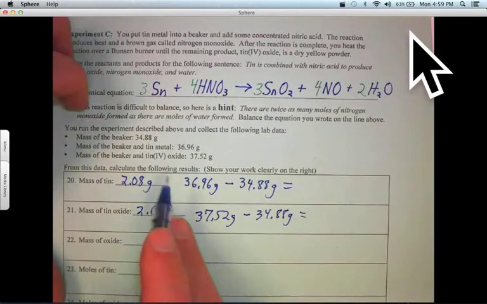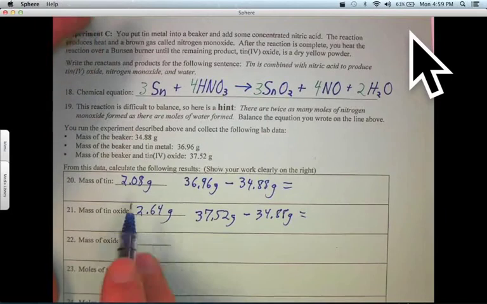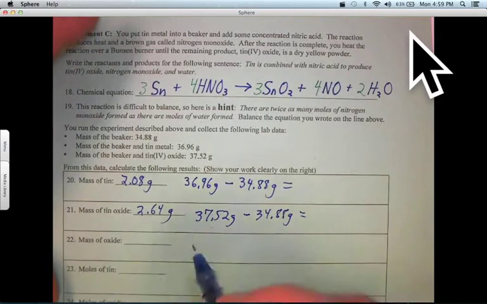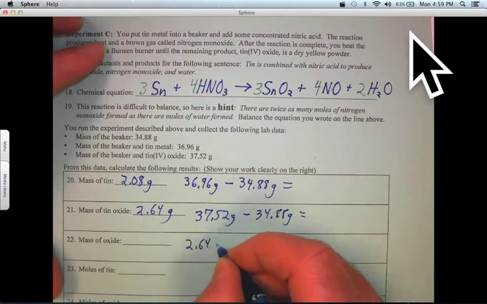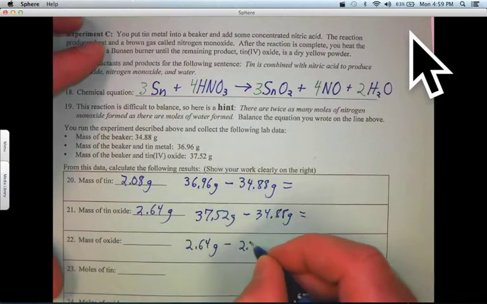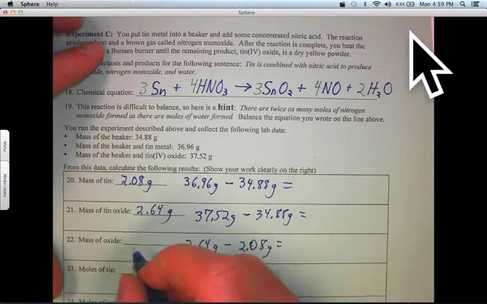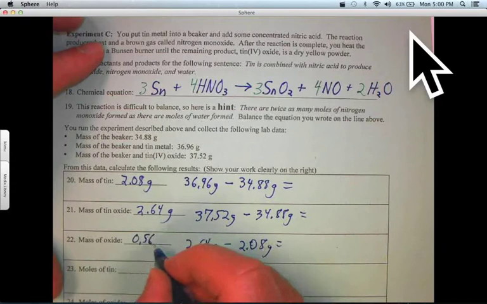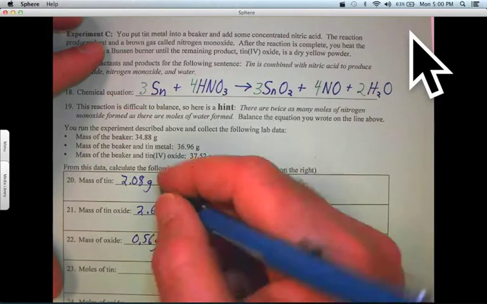Just the oxide part of the tin oxide. Well, if you take tin oxide and subtract the mass of the tin, you get the mass of the oxide. So 2.64 grams minus 2.08 grams, and we get 0.56 grams of oxide.